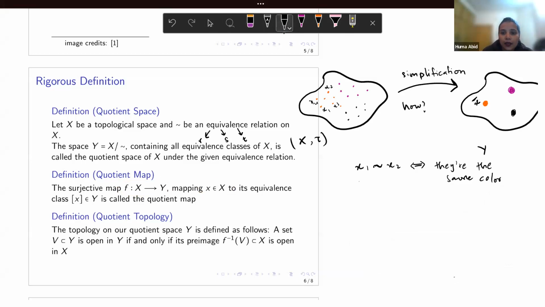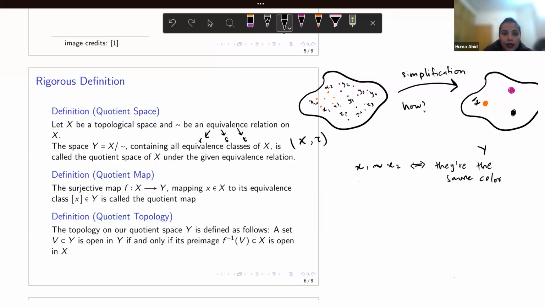Okay, so for example, here, this one's x1, x2, x3. And let's call these purple points y1, y2, y3, y4. And then the black ones are z1, z2, z3, right?